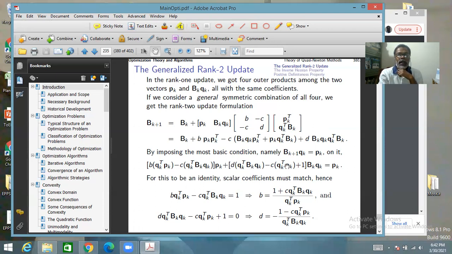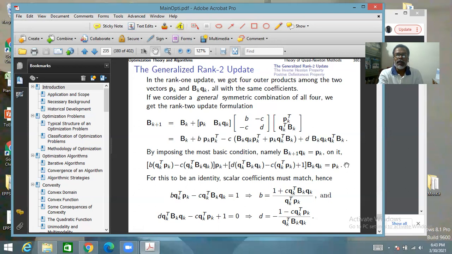So now, for this to be an identity, that is, for whatever pk and qk we give, this should hold, the coefficients of pk on both sides and the coefficients of Bk qk on both sides should be the same. Here the coefficient of pk is 1 on one side and this much on the other, so these two should be equal.